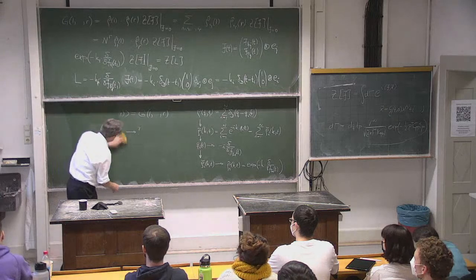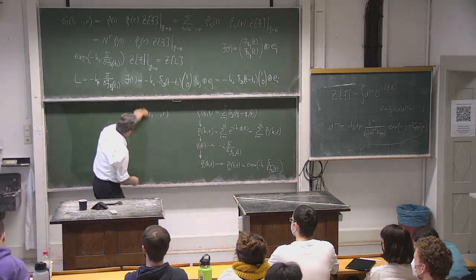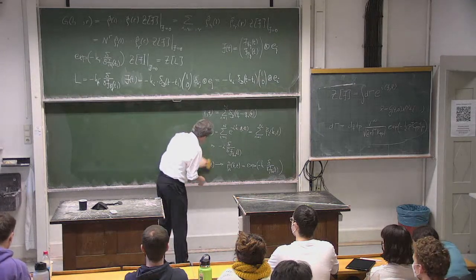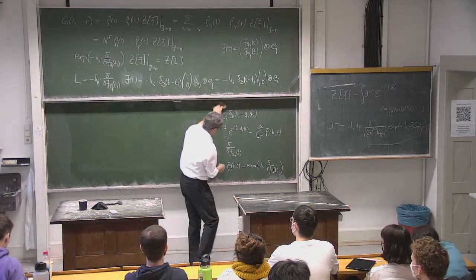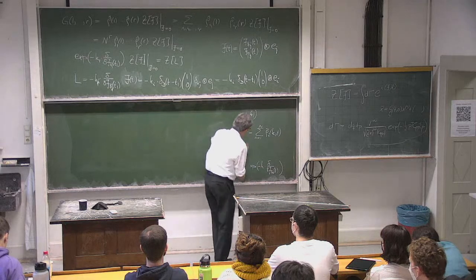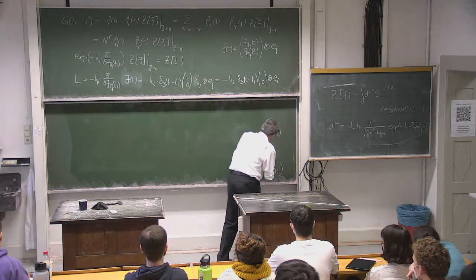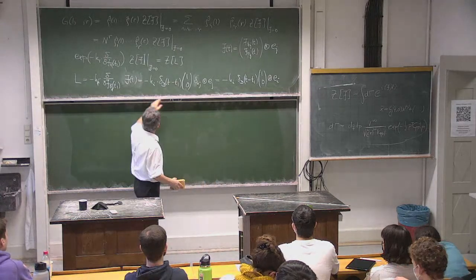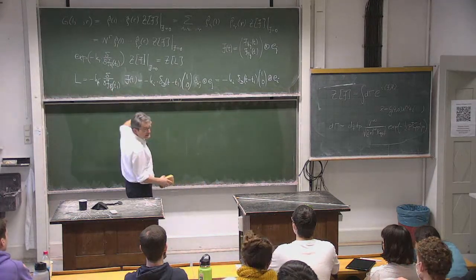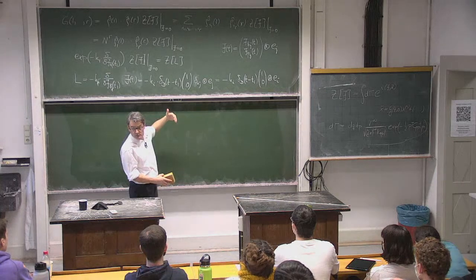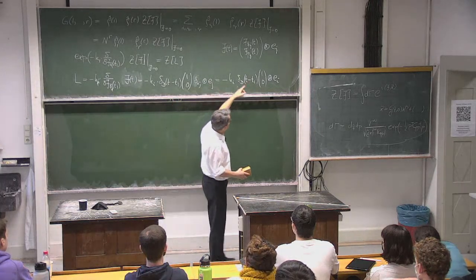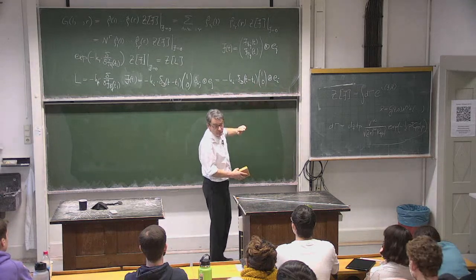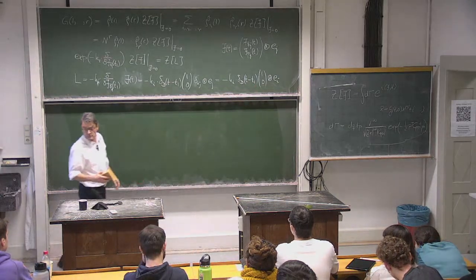So now we can simply insert this result into the generating functional. And of course, what I should also say is that this is now the result of applying a single one particle density operator. Now, of course, if you do this multiple times, you get the sum of shifts for all the particles.